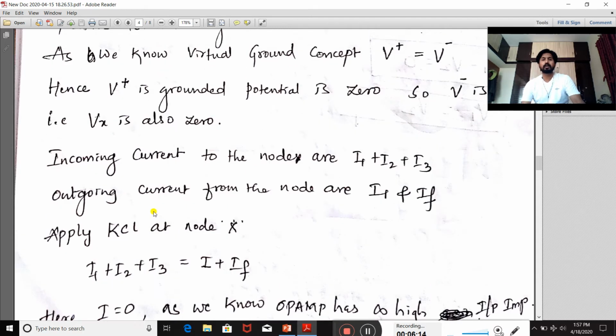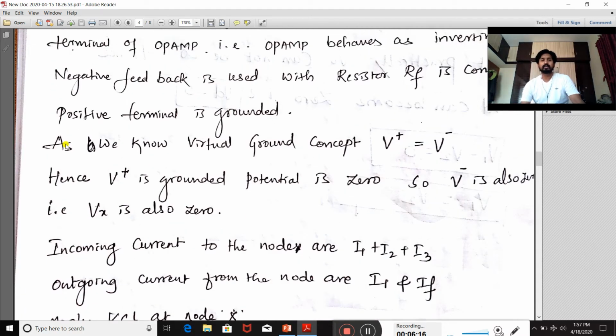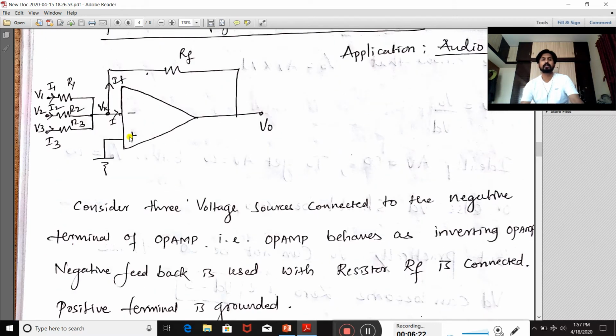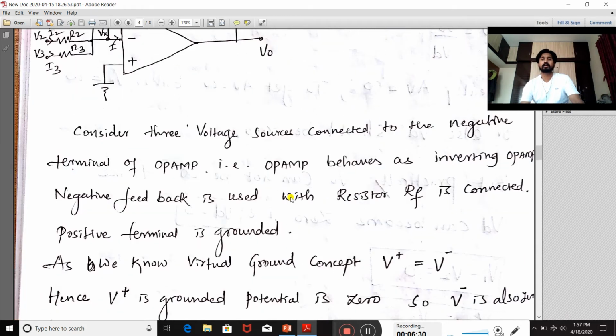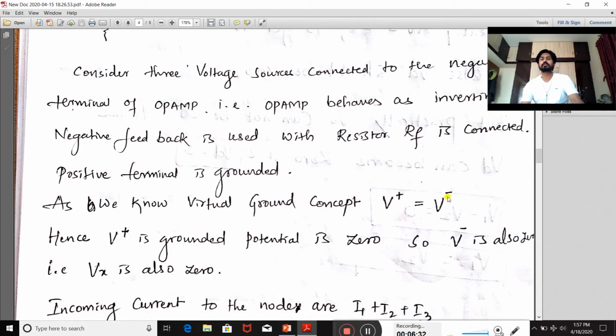Before that, I would like to write here, as I just explained, the virtual ground concept: V plus is equal to V minus. That means whatever voltage is at the plus terminal will be the same as the potential at the negative terminal. That is what is written here, V plus is equal to V minus, based on the virtual ground concept. Hence V plus is grounded, that potential is 0, so V minus is also 0.